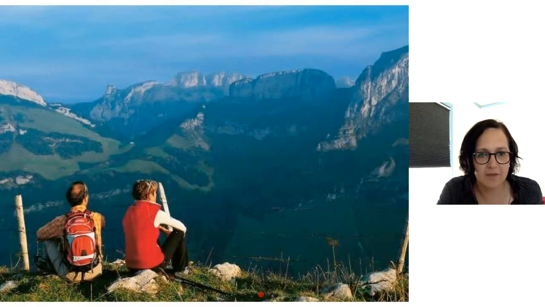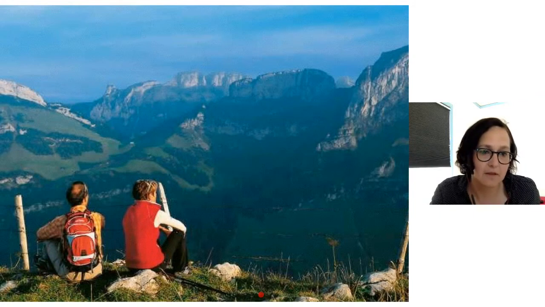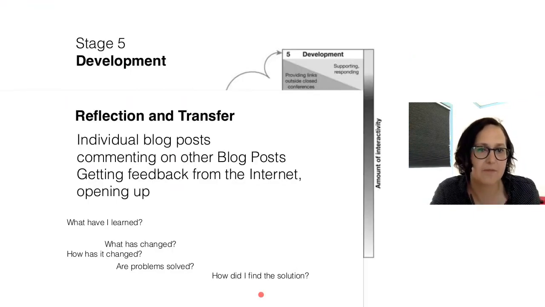And finally, when you're on the top of the mountain, you see a lot. That's the good thing. You can now look back: what have we done? What have we learned? What have we achieved? And fourth, looking into the future: what are my next steps?